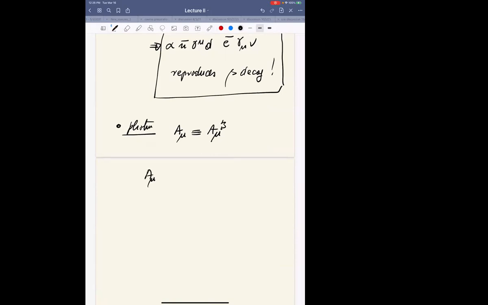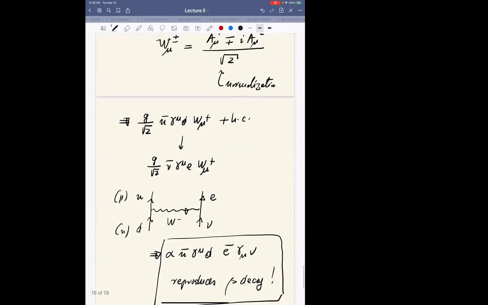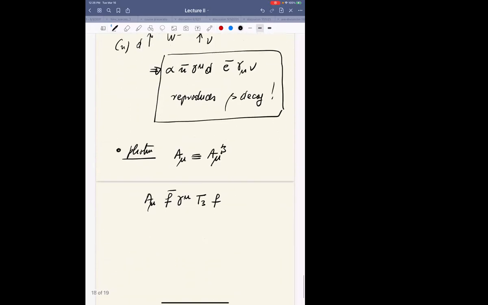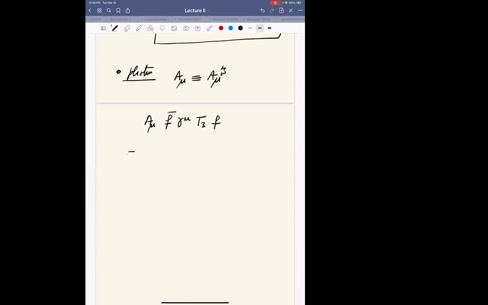I can again write, with every fermion, an interaction of gamma mu T3 times F. I can write it in a very nice form because it's diagonal. This is the fact that it's plus a half or minus a half. This is T3. You see, this is why it's A mu U bar gamma mu U minus D bar gamma mu D, normalized with 1/2 as an outside factor. That's the form of the T3.